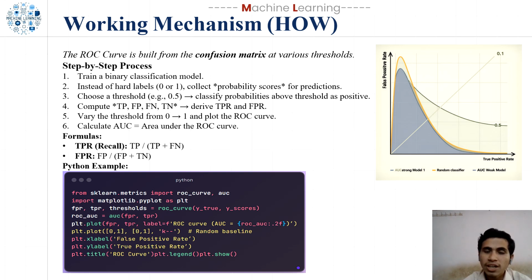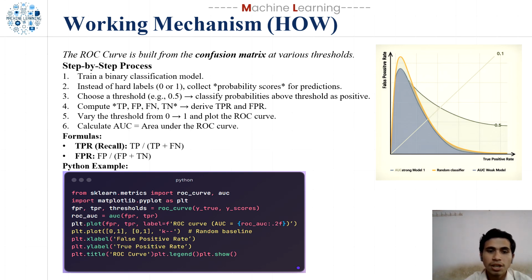So the normal workflow of ROC building is: first we obtain the dataset, we train our model, we get the probability predictions, we calculate the confusion matrix, which helps us build the ROC curve, and after that we obtain the AUC of our model.